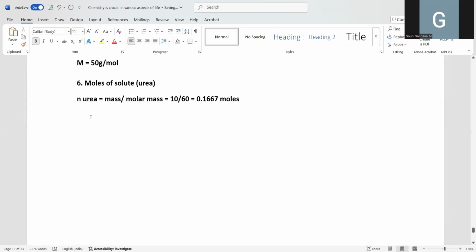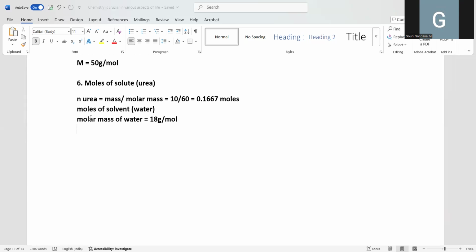Now moles of solvent we need to find, and the solvent is water. And we already know the molar mass of water. Molar mass of water is 18 gram per mole.